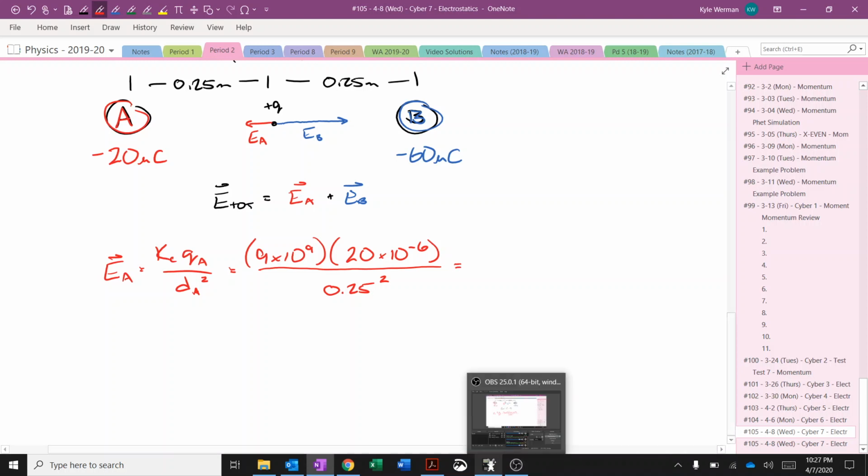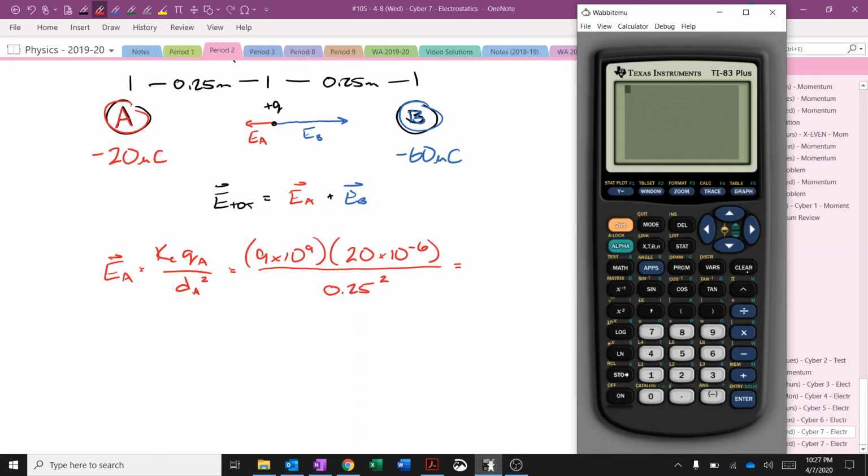So in my calculator, the first thing I'm going to do is put in K. Now, one thing you can do, we're going to use K a lot, which is 9 times 10 to the 9. And so you might want to store it as K. And so now, when I just do alpha K, I have it here. It saves me a keystroke, maybe not a big deal, but it's a nice thing to have in your calculator.